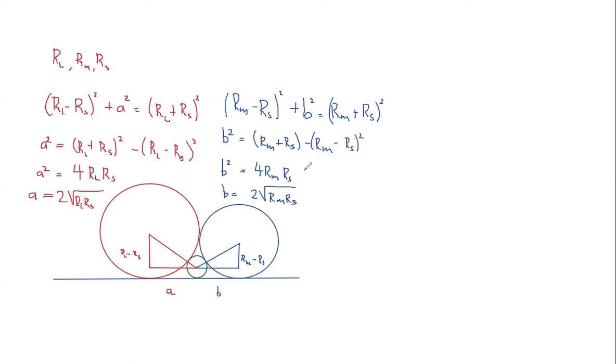We have 3 circles, so we need 3 equations. So for our final one, we will join the center of these 2 circles together. So from here to here. And this also gives an idea how we will complete the right angle triangle.